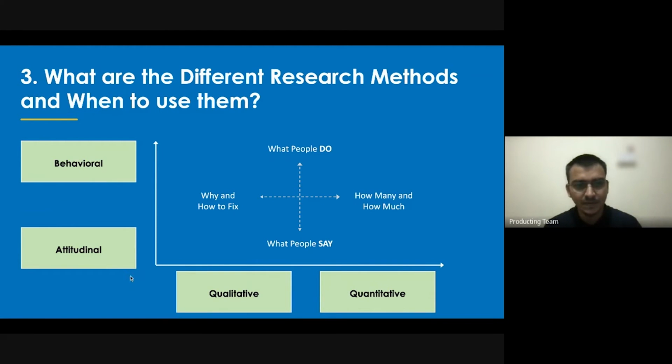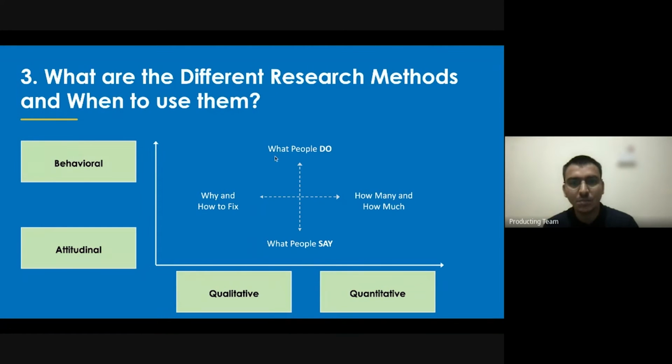If you can see, from here to here it's attitudinal and behavioral, and from here to here it's qualitative and quantitative. When you want to understand why and how to fix, when you want to understand why that is happening, why users are not clicking there, what the reason is, then you have to do qualitative research, right? When you want to understand how much or how many people are affected, when you quantify things, then you can do quantitative research.